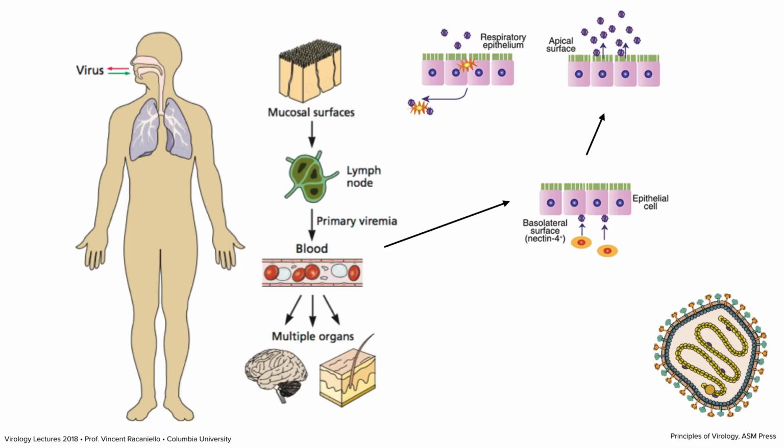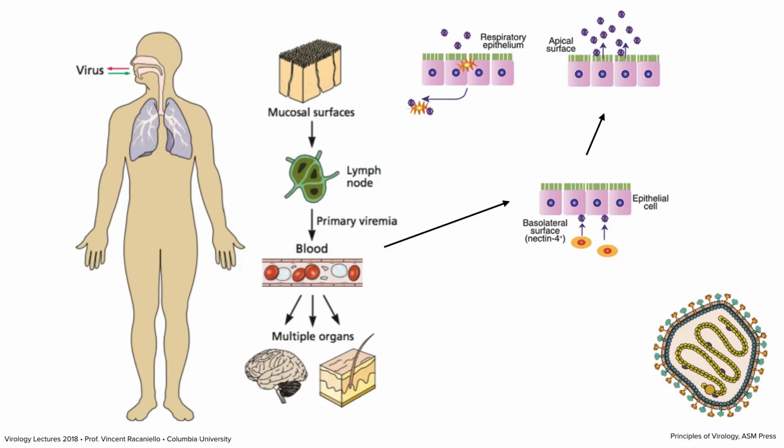In order to spread the virus to another person, what we believe happens is the virus is in your blood, makes its way to the basolateral surface of the respiratory epithelium. It's brought there probably by infected immune cells. There are receptors for the virus on the basolateral epithelium. They are not present on the apical domain of these cells.